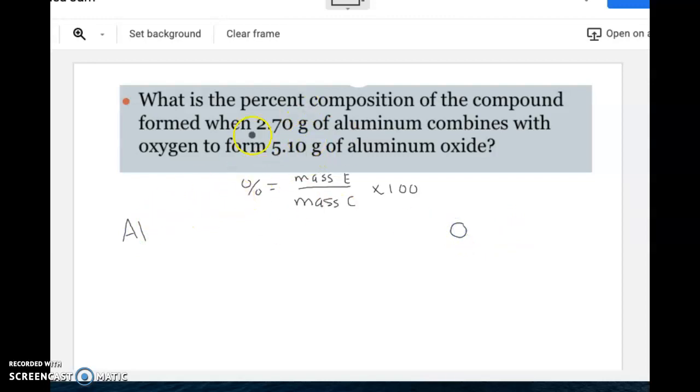In the problem, it says we have 2.70 grams of aluminum. So we take the mass of just the aluminum and divide by the mass of the compound. It says we have 5.10 grams of aluminum oxide.